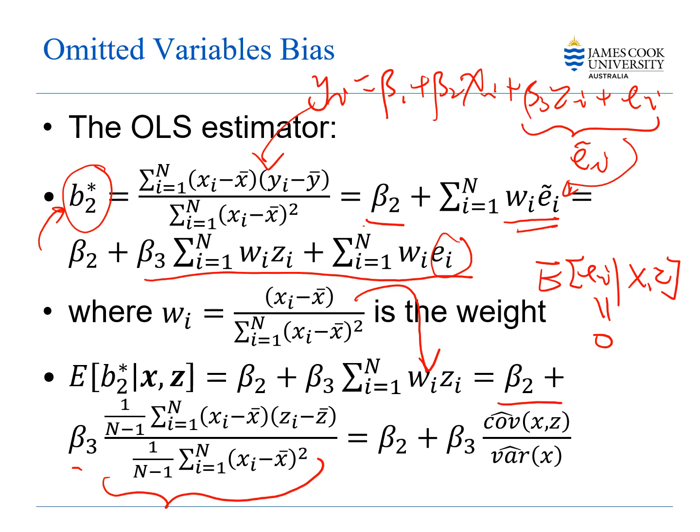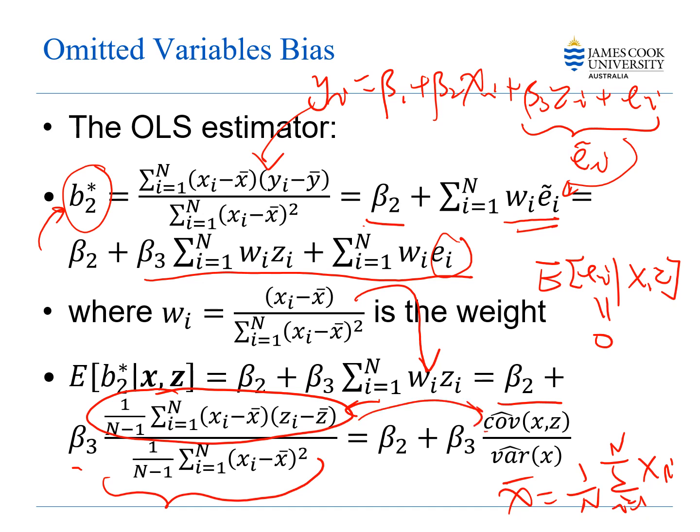Let's look at the numerator here. This is just the sample covariance between x and z, where x bar is the average of x, and similarly for z bar. And the denominator is just the sample variance of x.